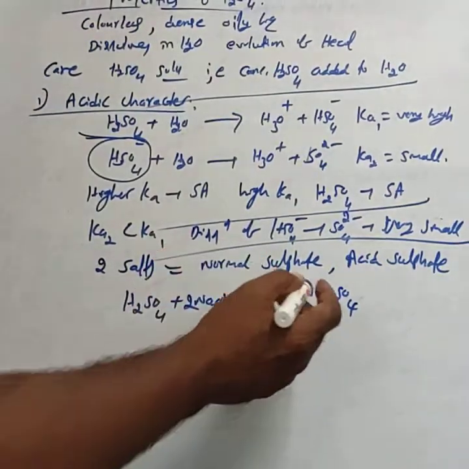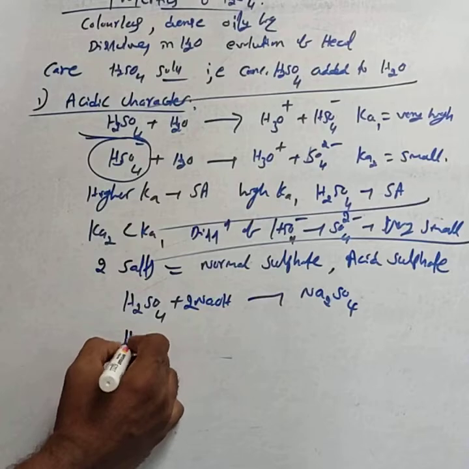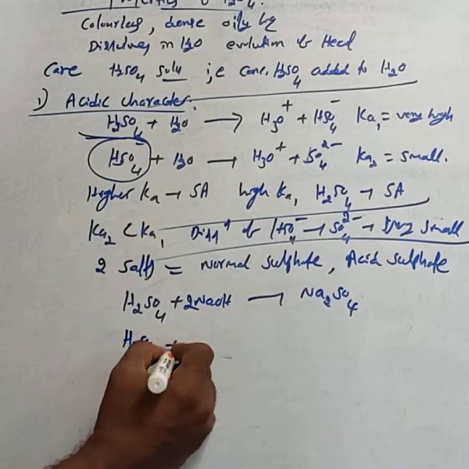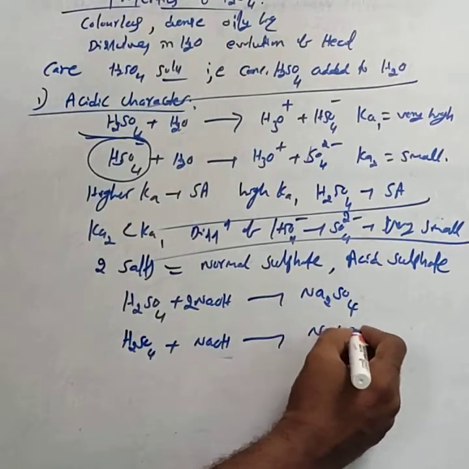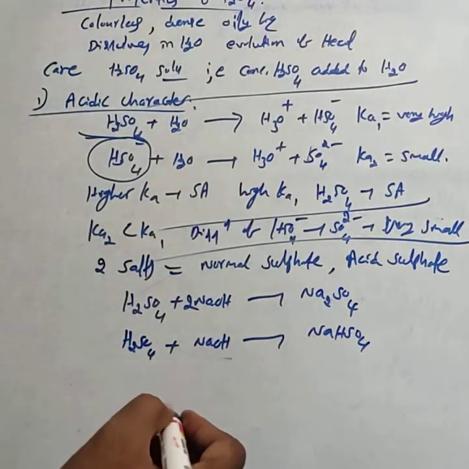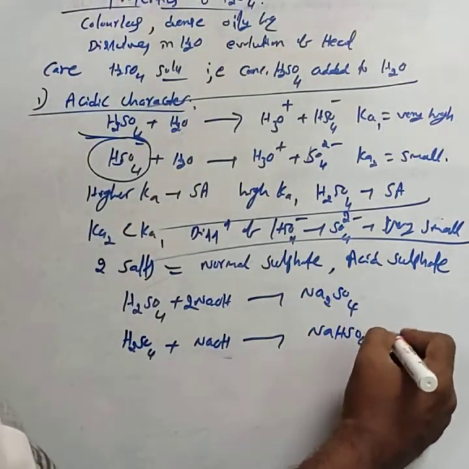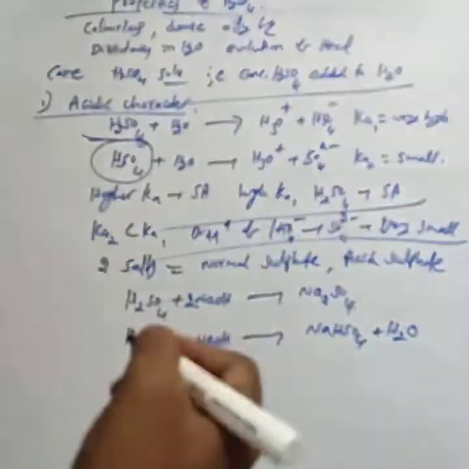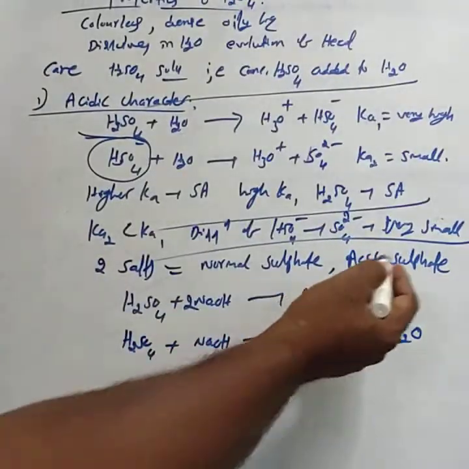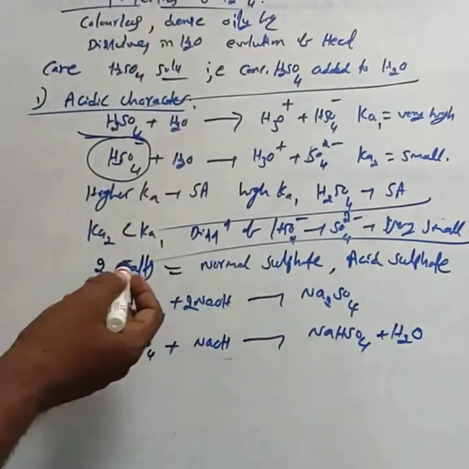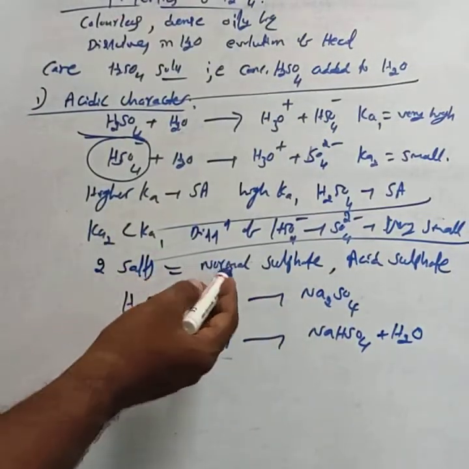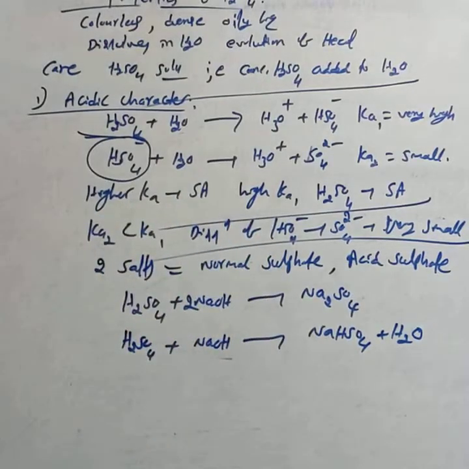It is a normal sulfate. If H2SO4 reacts with NaOH, it may form NaHSO4, sodium hydrogen sulfate, liberating water. This is called an acid sulfate. Hence, sulfuric acid forms two types of salts called normal sulfate and acid sulfate. These are about the acidic character.